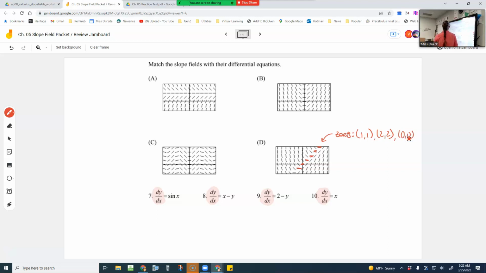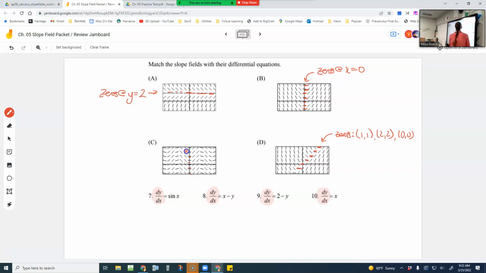So the ends should equal 0 at 1, 1, 2, 2, 0, 0. These ones, the ends all equal 0 at x equals 0. These ones I have zeros at y equals some sort of constant, maybe y equals 1 or 2.